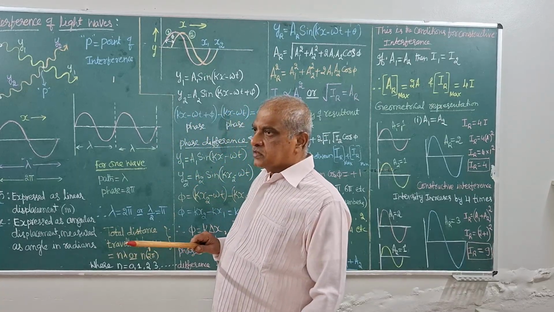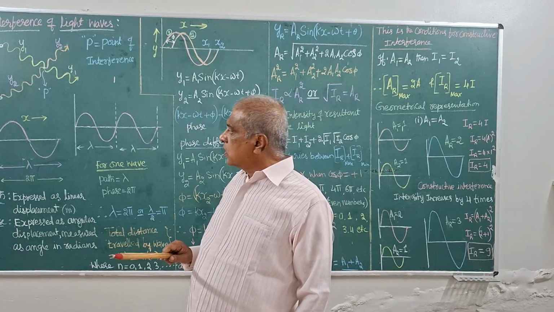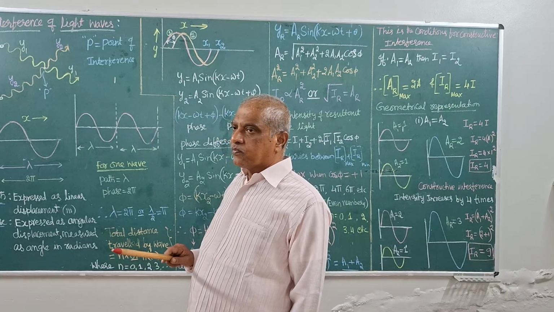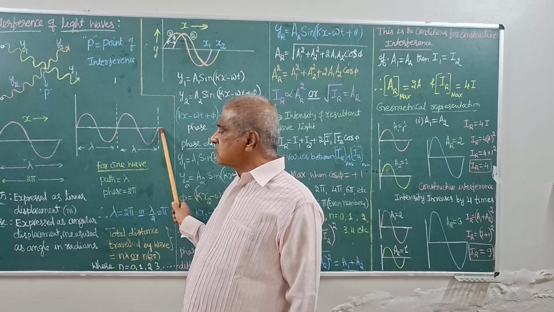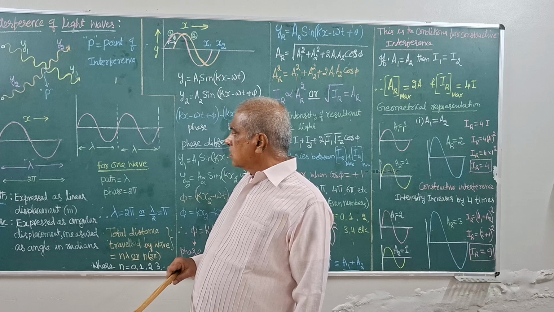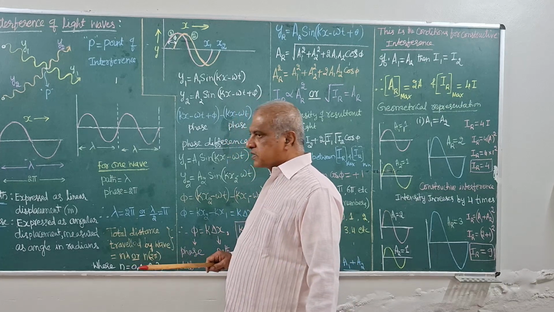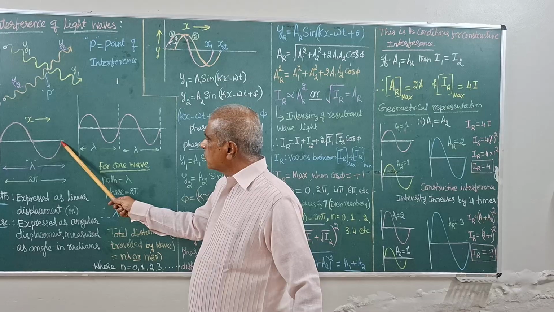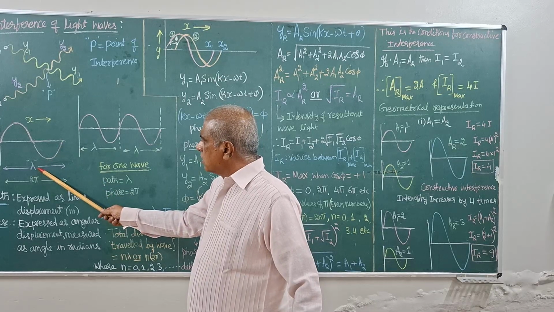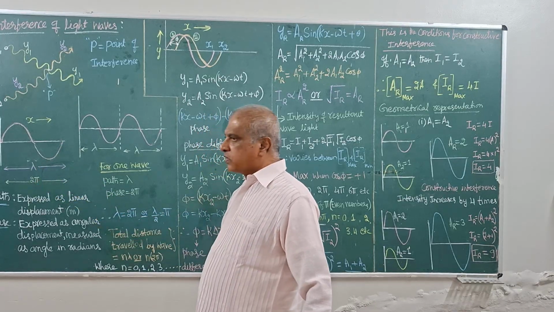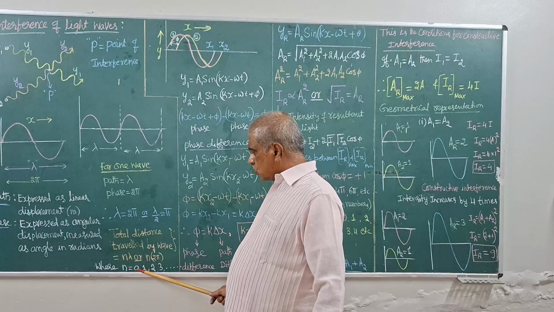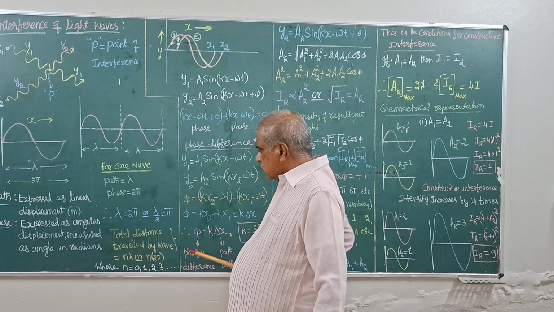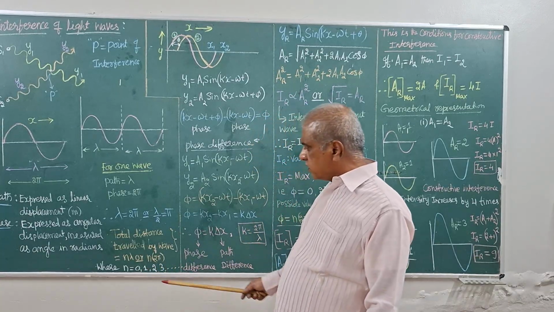If that is the case, the total distance traveled by the wave along the x-axis can be represented as a multiple of this length, that is n lambda or n into 2 pi. What is the value of n? 0, 1, 2, 3, or 1000, or what is that? Infinite number.